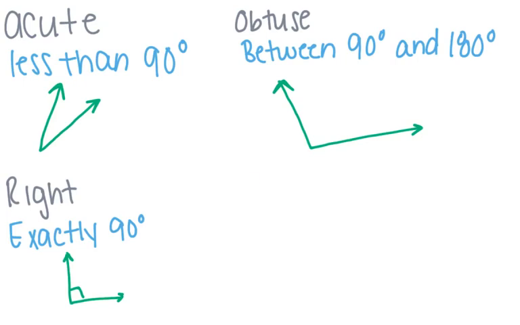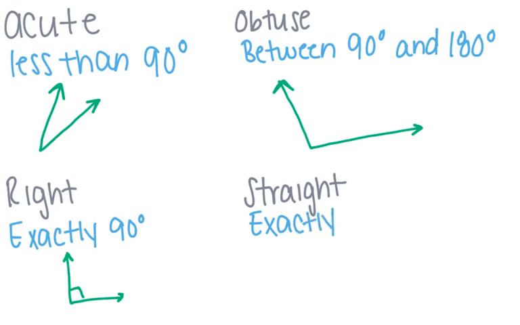And then we have a straight angle, which is exactly 180 degrees, and it will look like this. It's just a straight line. So now that we've gone over 4 different types of angles, we can start solving some problems.